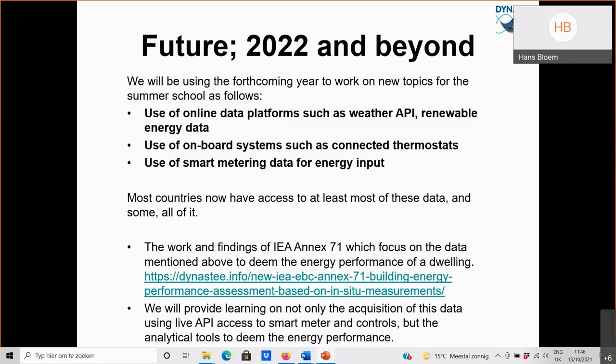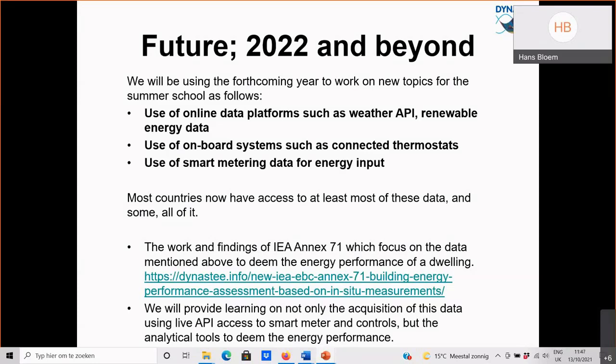There is already some information about the project, Annex 71, available on our website, or if you like to follow it closely, you may also find it on the IEA website. Just try to find the Annex 71 information, or go to Dynastee.info.